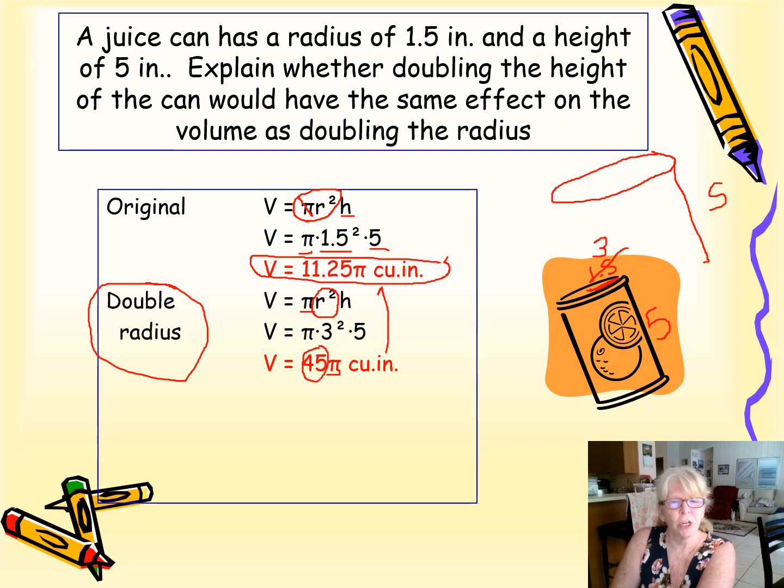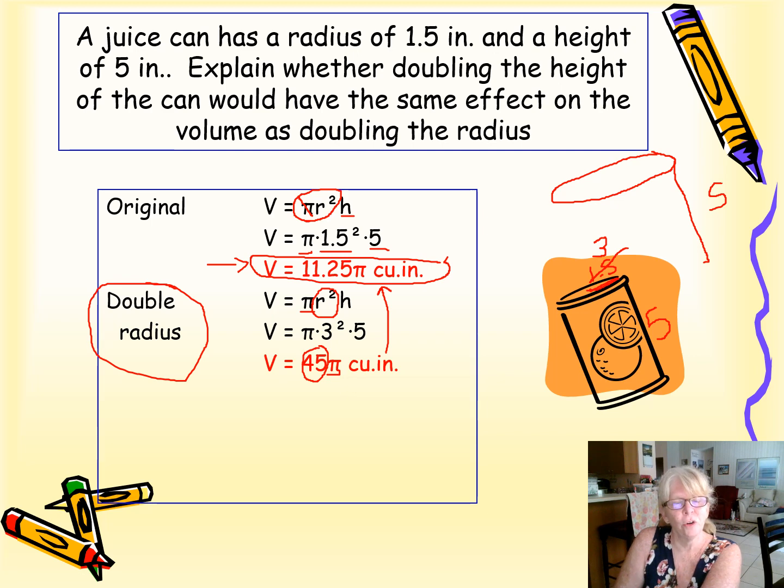Well, now look, we doubled the radius, but if we were to say the volume is double, 11.25 pi doubled is going to be 22.5 pi. That's not correct. So when you look at this, you need to ask how many times greater is 45?